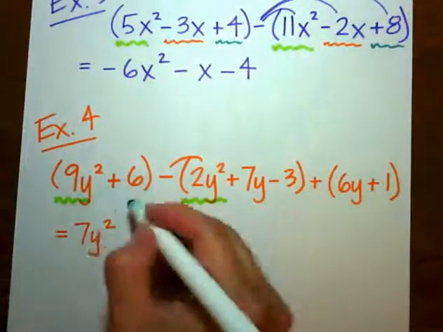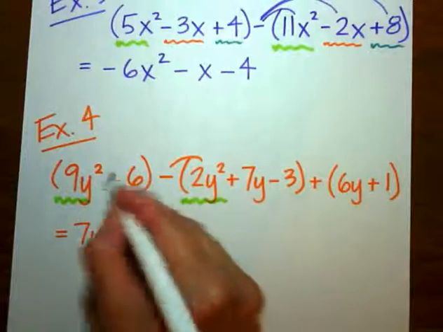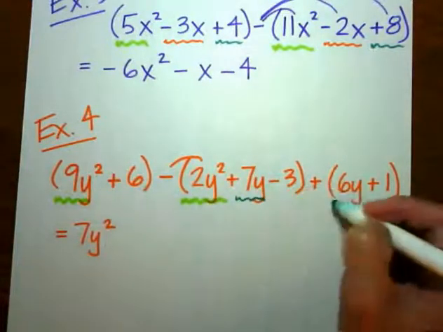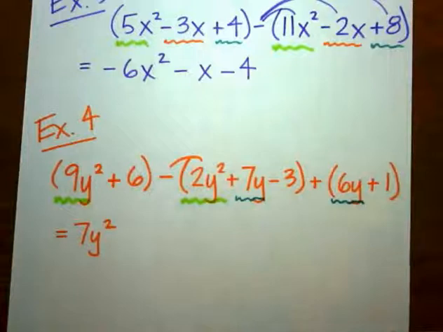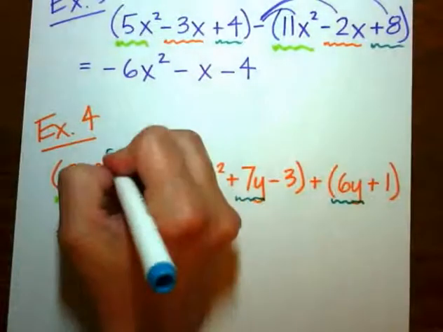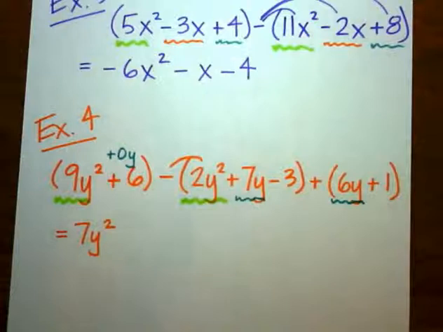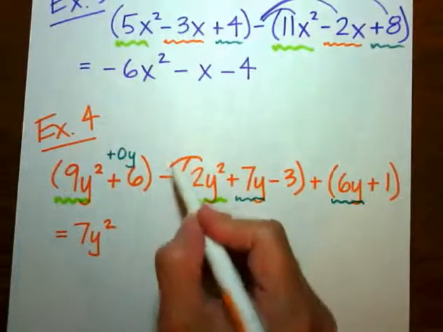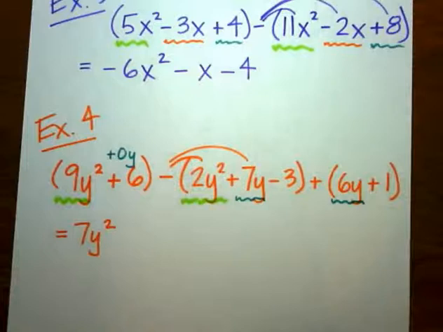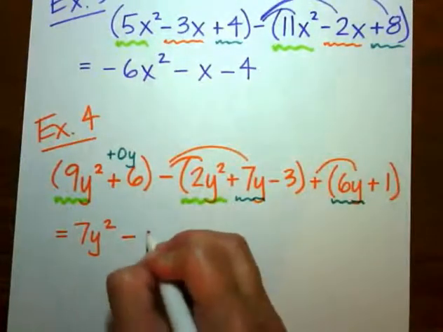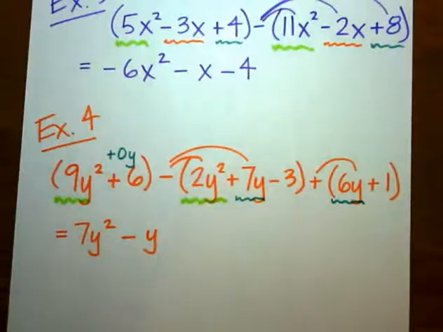Then I don't have a y in this one. I have a y right here, and I have a y right here. So I can think of this as having a 0y, and then that way we have 0y minus 7y plus 6y is going to equal negative 1y.